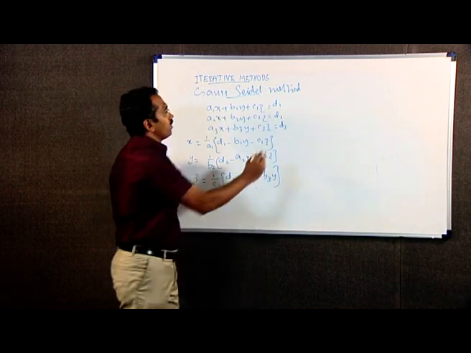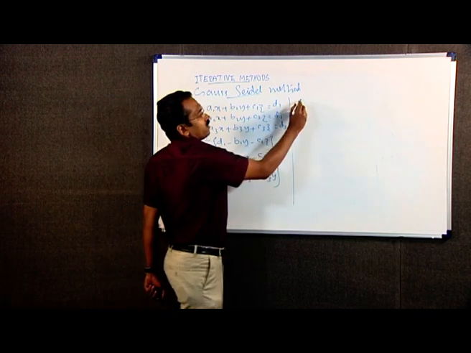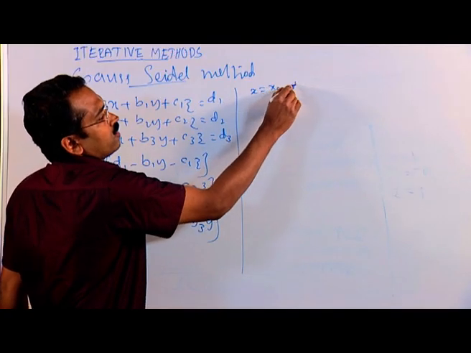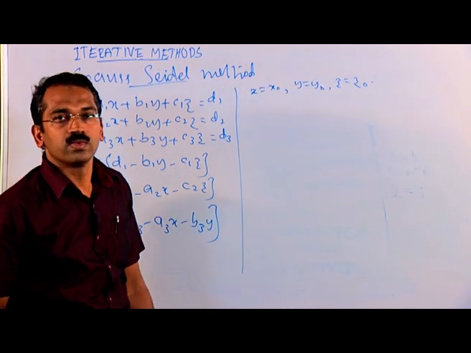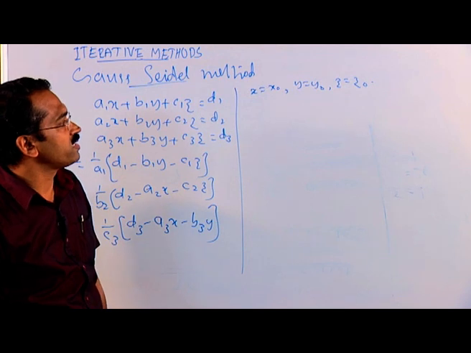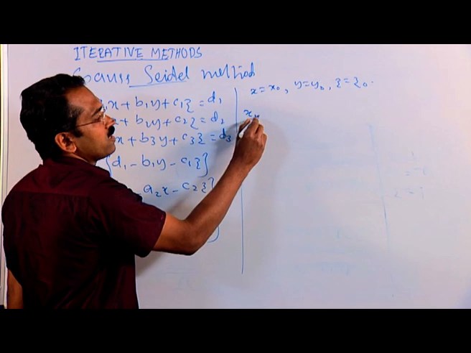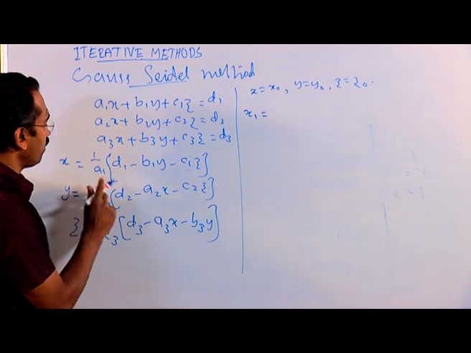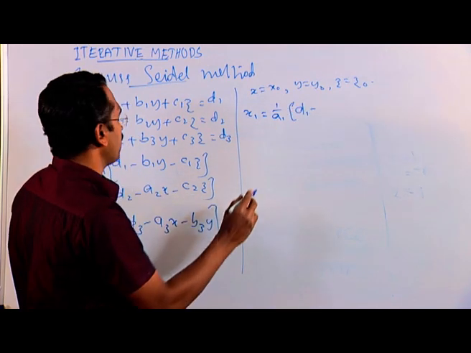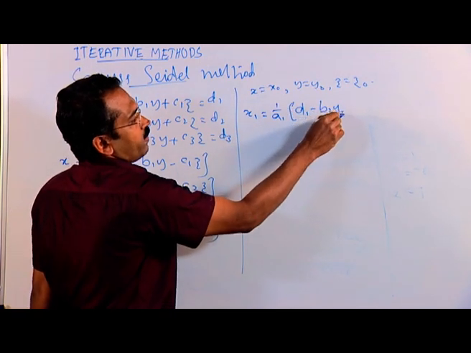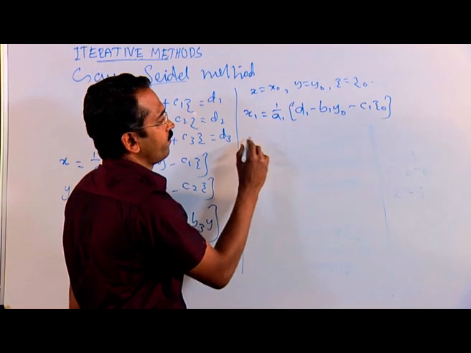Here, we will take the initial approximations as x equal to x naught, y equal to y naught and z equal to z naught. Then, we will get the first approximations as x1 is equal to 1 by a1 into d1 minus b1 y naught minus c1 z naught.